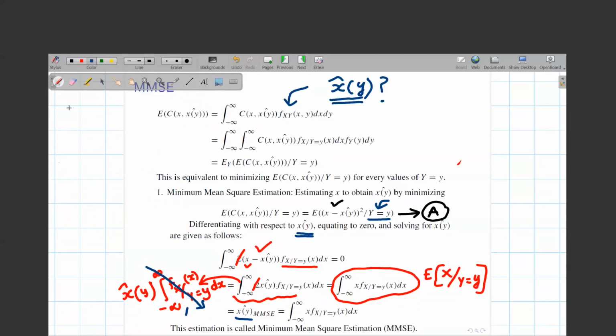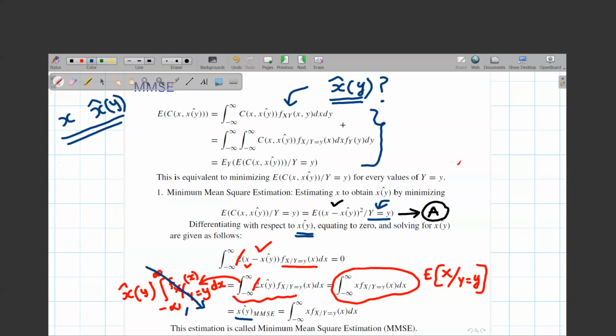If I have the original outcome as x, and suppose that you are assigning it as x cap of y, there is an error involved in it, right? And that error you are structuring as a problem here, right?